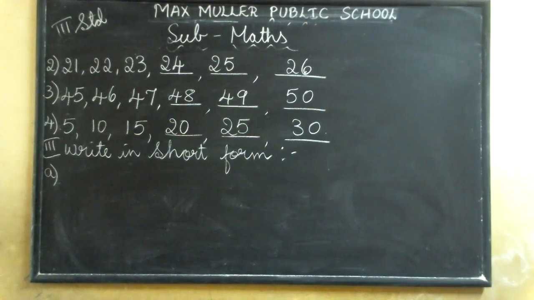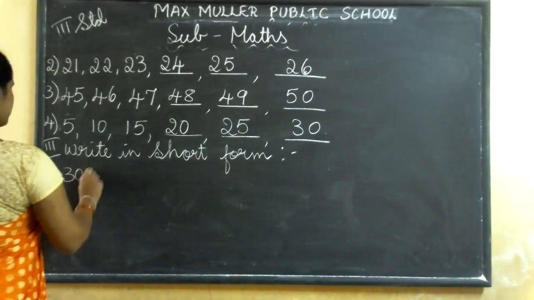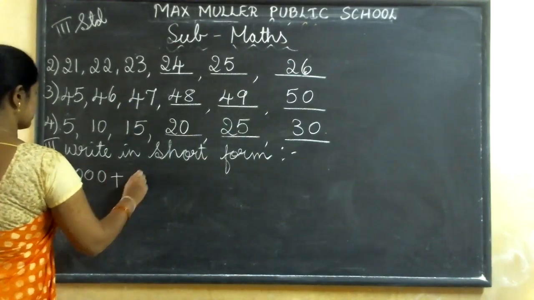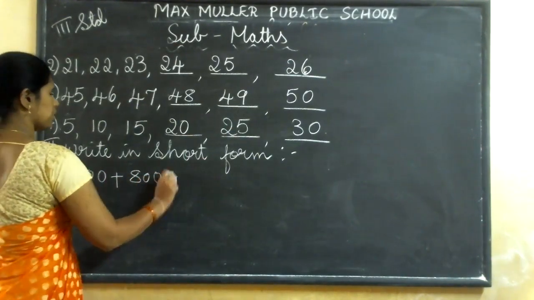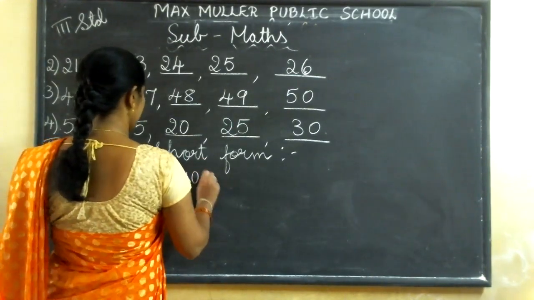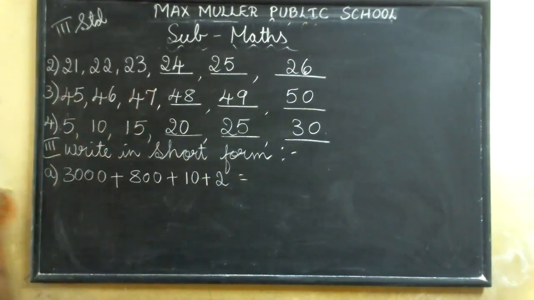Write in short form. 3,000 plus 800 plus 10 plus 2. So 3,000 plus 800 plus 10 plus 2.